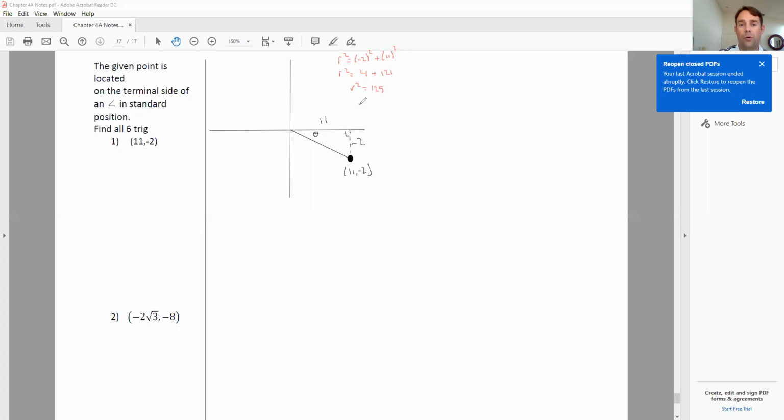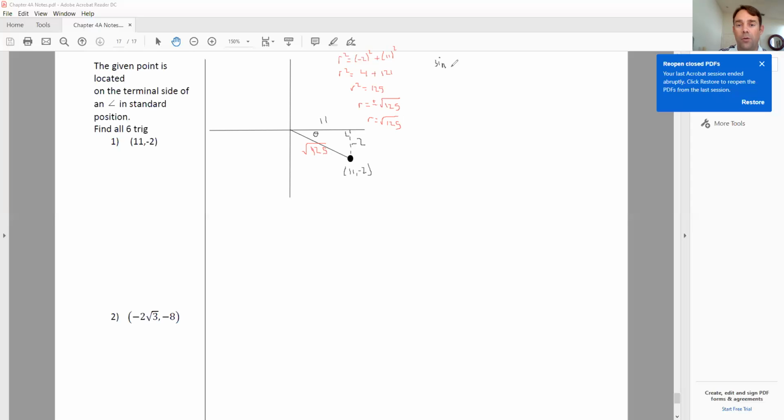And we're going to take the square root of that. Since it's the r value, it will be the positive part of the square root. So from there, we are finding all 6 trig values.